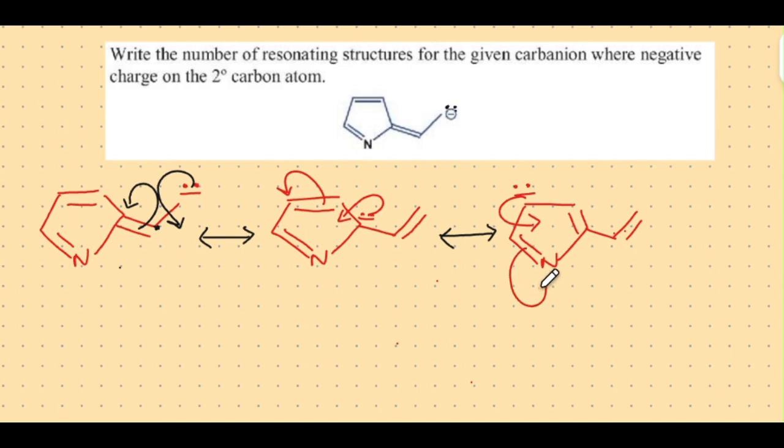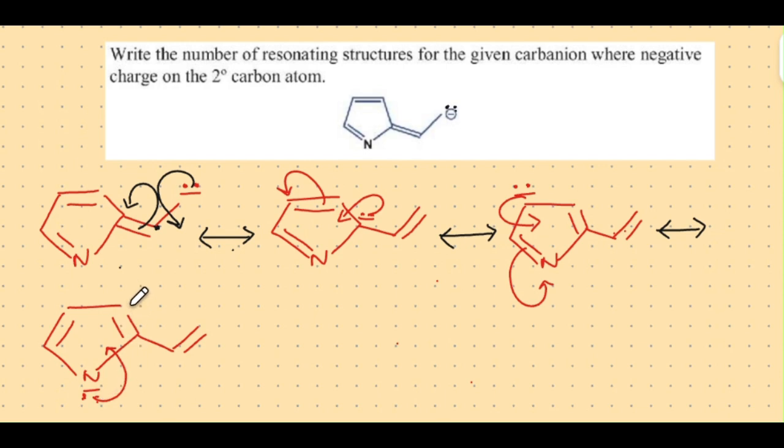Since it's a resonance, you are using the double-headed arrows, so it shows that the electrons are continuously moving. Atom to bond, and the negative charge is on nitrogen. Since nitrogen is an electronegative element, it can withstand that negative charge. So then the electrons will move here.